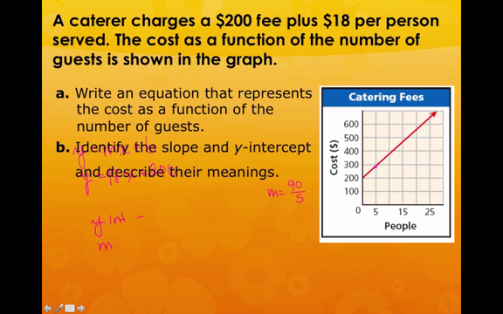My slope is representing the difference in cost for each additional person that I add. So 18 as my slope means the cost is $18 per person, my cost over the number of people. So my slope of 18 is the cost per person. My y-intercept of 200 is the initial fee paid to the caterer.